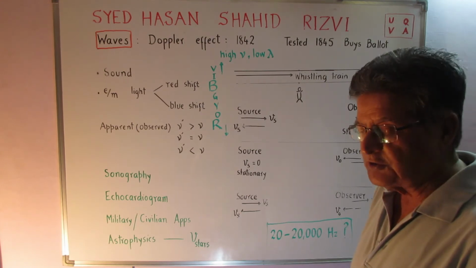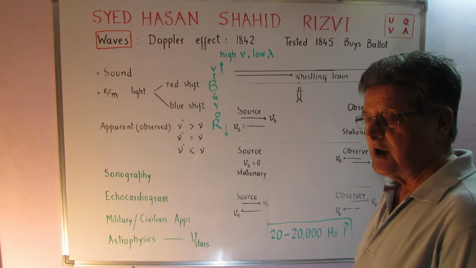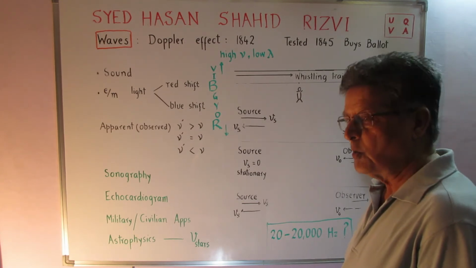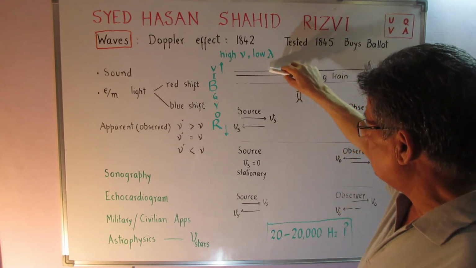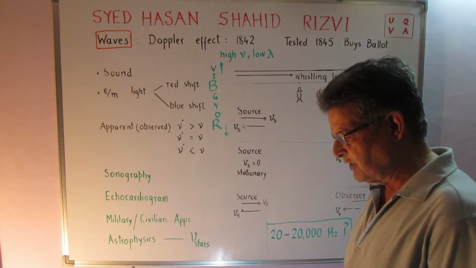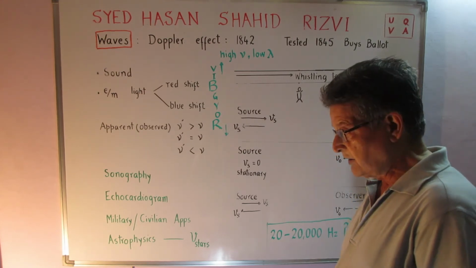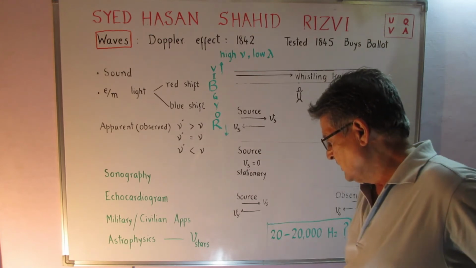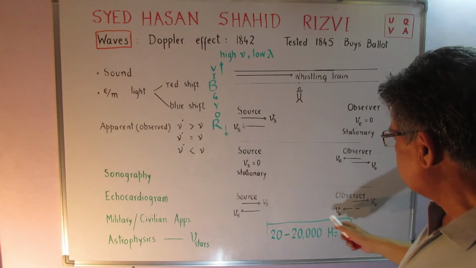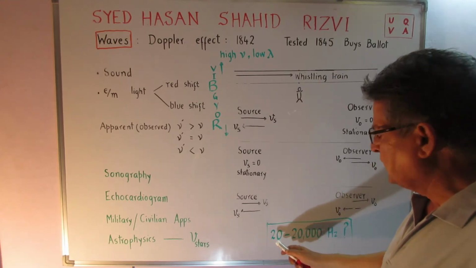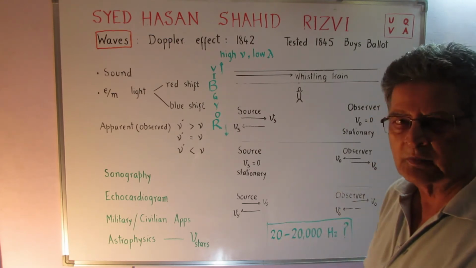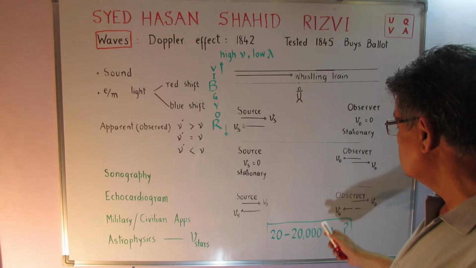And you'll say, what happens if the train is not whistling? No. The train on the rails will make some sound. There will be some frequency associated with that, that comes to our ears. Our ears can respond to frequencies where the lowest value is 20 hertz, and the maximum is 20,000 hertz.